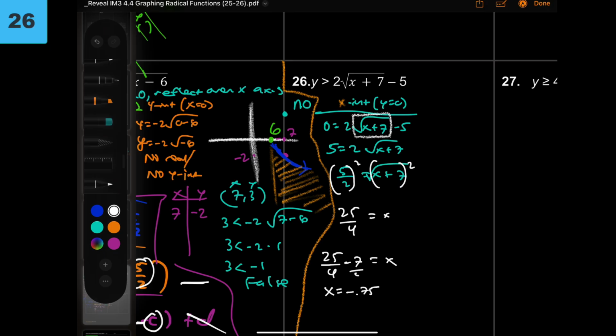I guess I could have done something like that, right? 25 minus 28 over 4. So that'll give us negative 3/4. So this would be my x-intercept. Okay. Y-intercept, same thing. Make x 0.